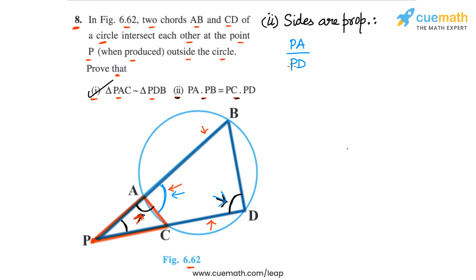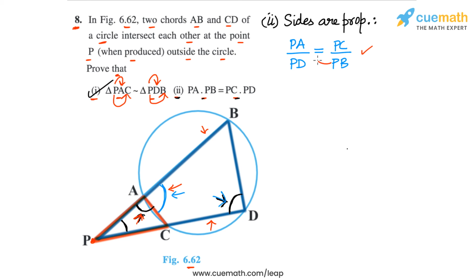So PA by PD will be equal to, if we take PC in the first triangle PAC, PB in the second triangle. You can either observe this correspondence of sides from the figure itself, or you can use the similarity relation. So corresponding to PA, we have PD, and corresponding to PC, we have PB. Okay, so you can do it either way.